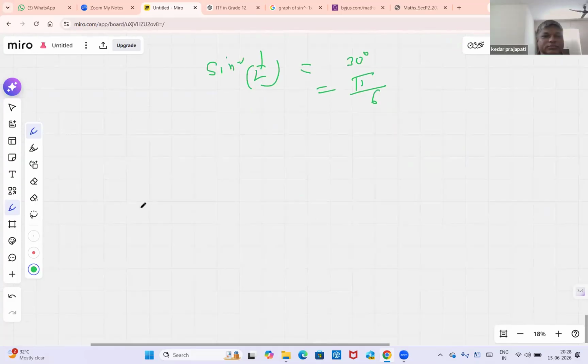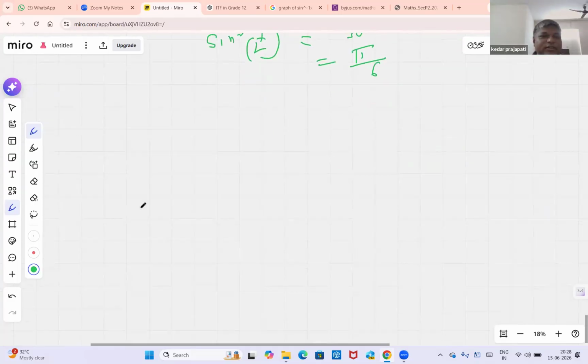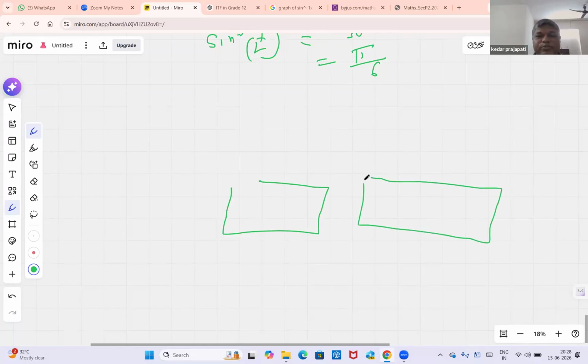So thinking this way, let's assume I have two machines, machine 1 and machine 2. This machine's name is heater and this machine's name is fridge.